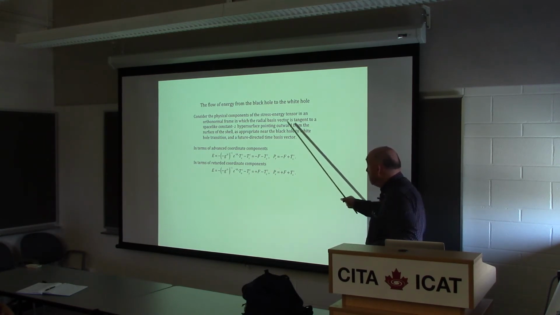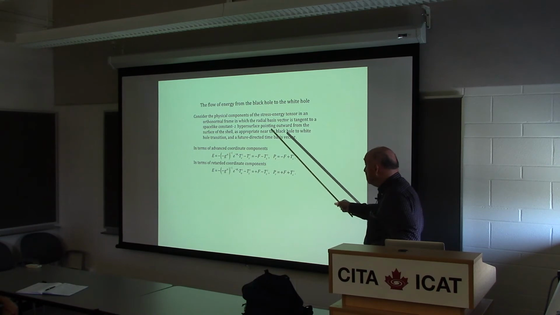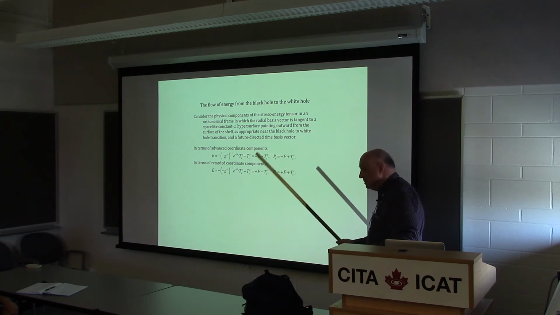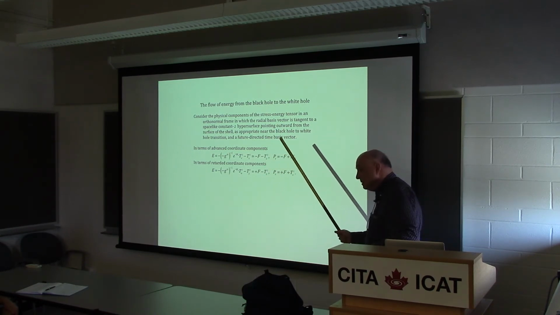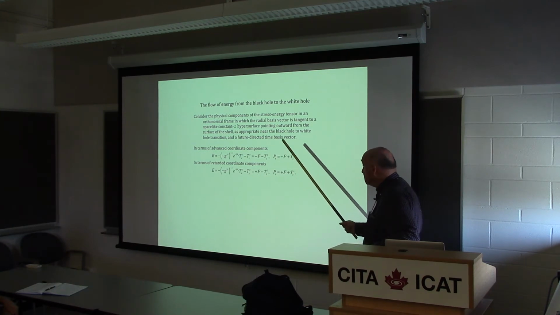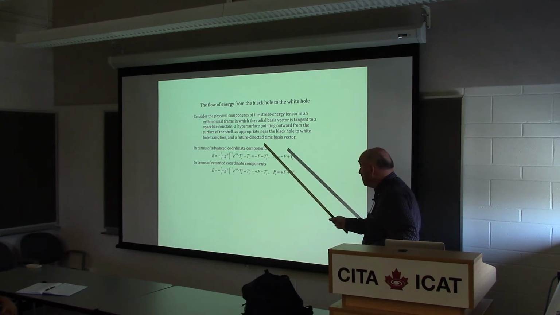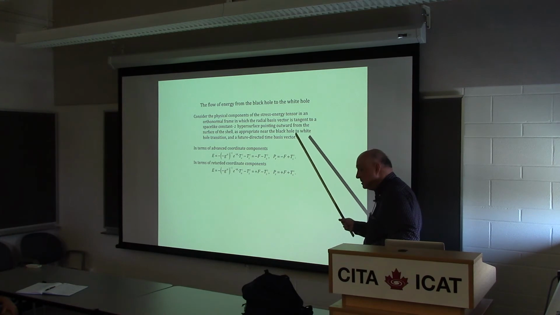An obvious choice of frame at Z equals 0, or near Z equals 0, is to make the radial basis vector, the space-like vector, point along the Z equals constant hypersurface, because Z is essentially r.